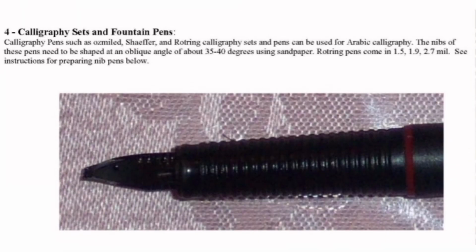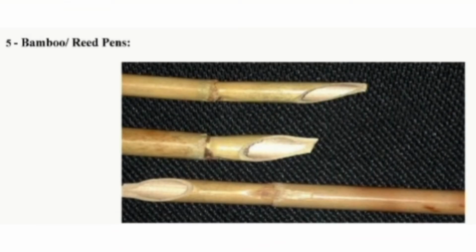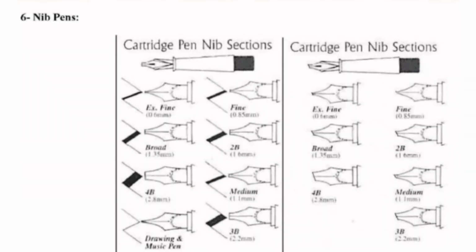Then the fountain pens, which are used for writing small letters, the traditional reed pens made of bamboo, and nowadays available with acrylics too, and the nib pens, in which nibs are dipped in the ink again and again to write calligraphy.